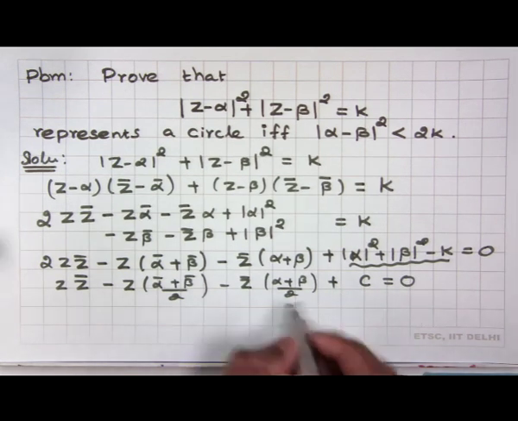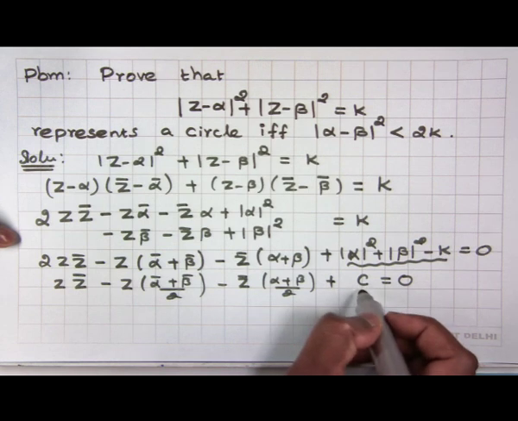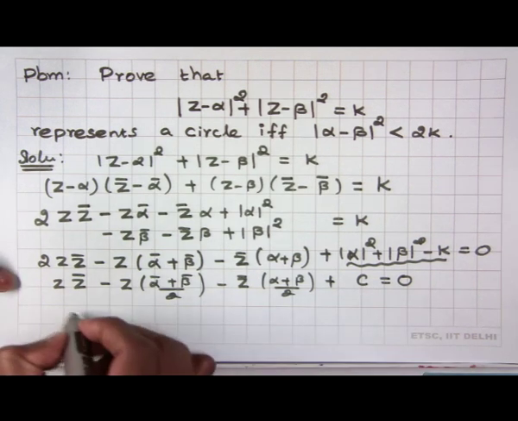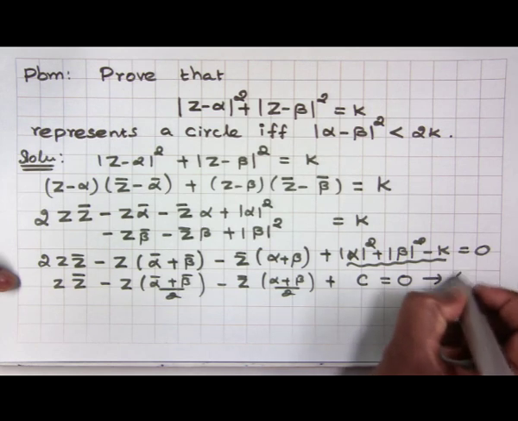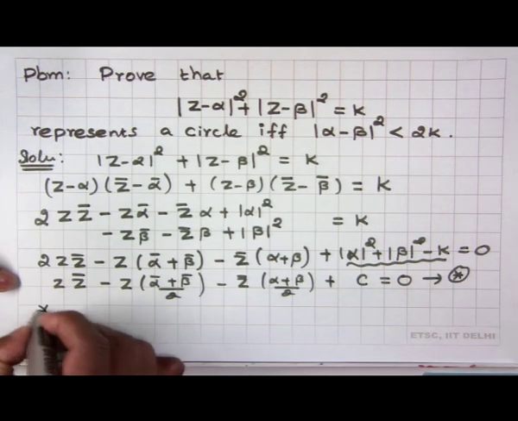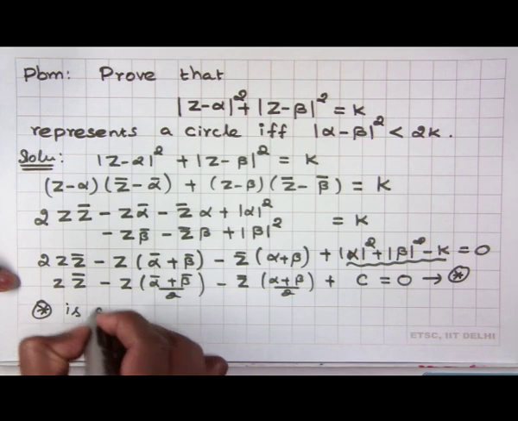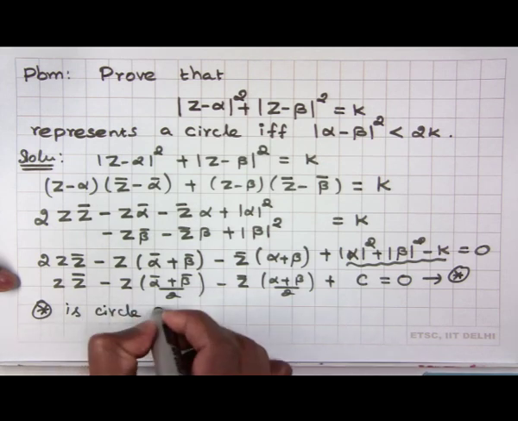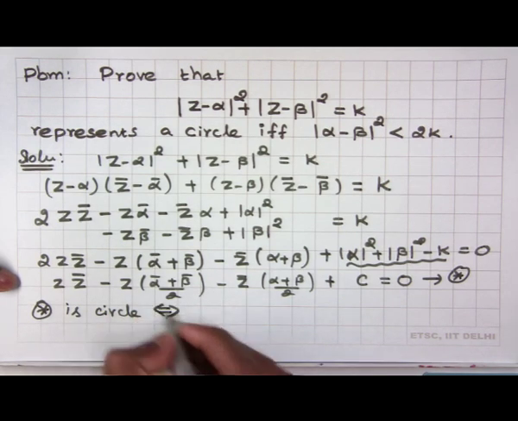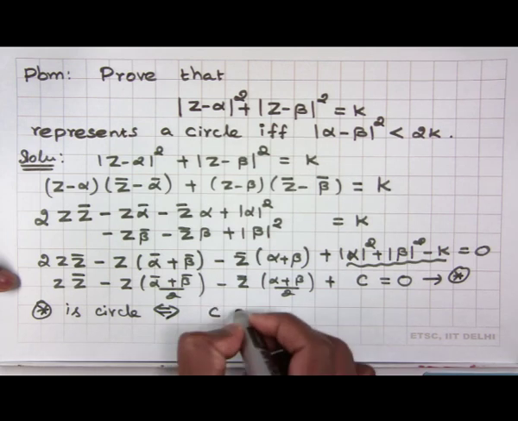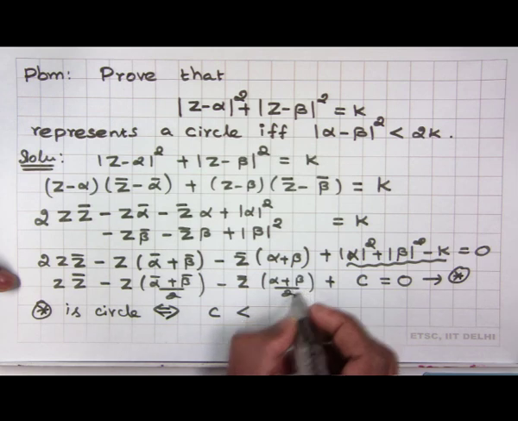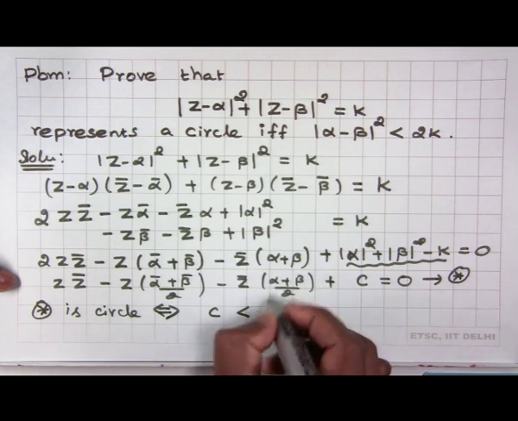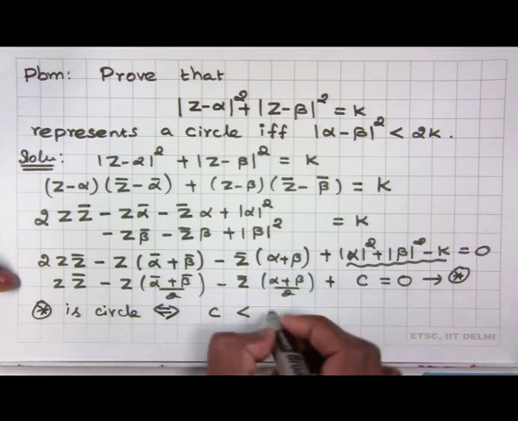Now, this will represent a circle if and only if our constant c is less than the modulus of z₀ squared, where z₀ is given by (α plus β) by 2.